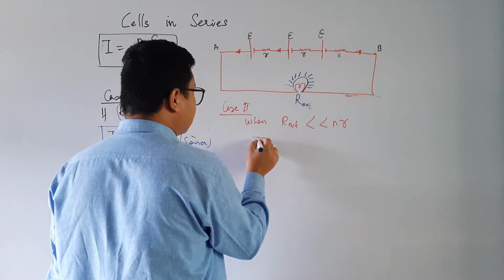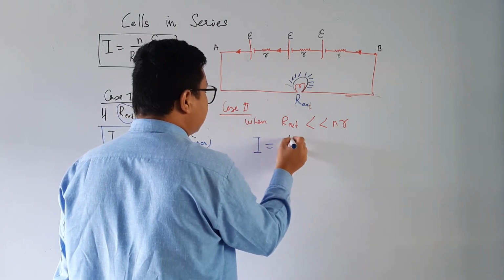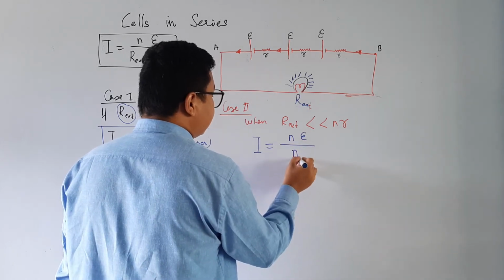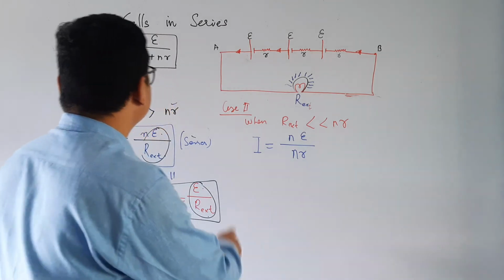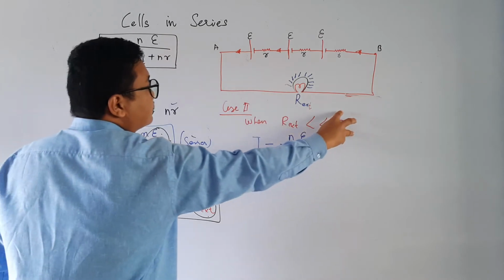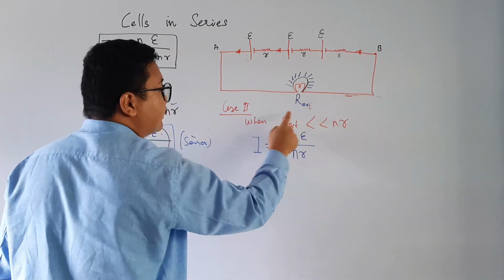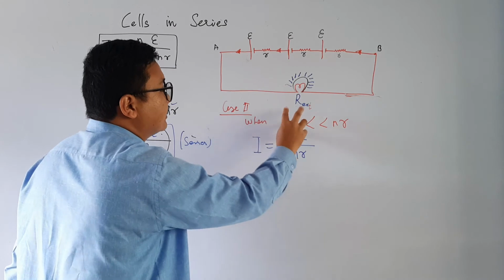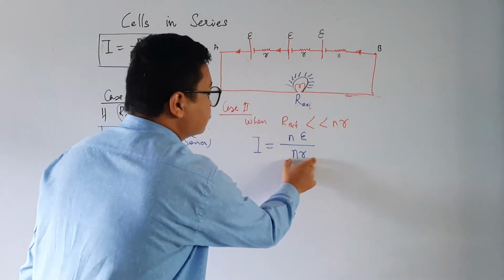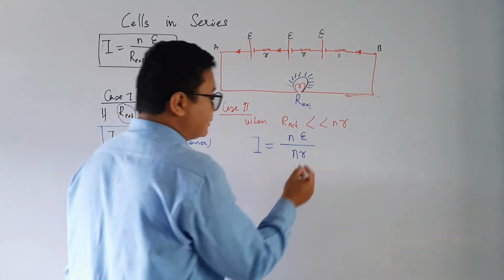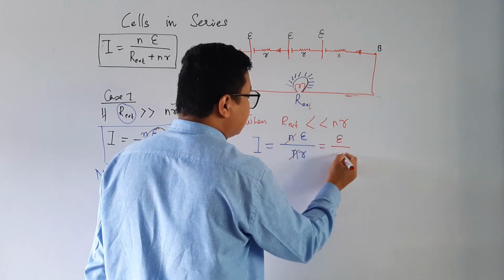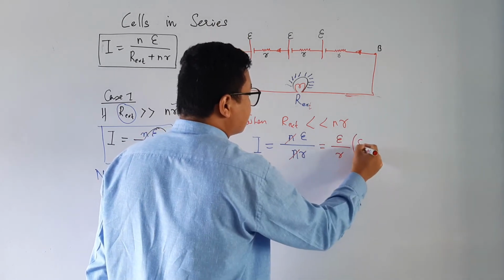So again I is equal to n E divided by R_EXT plus nr. This time this nr is very large. This is 1 lakh and this is 1 rupee. Then we can neglect the 1 rupee here and we get only nr. So this n and this n will cancel and we get E by r. And this is in series.